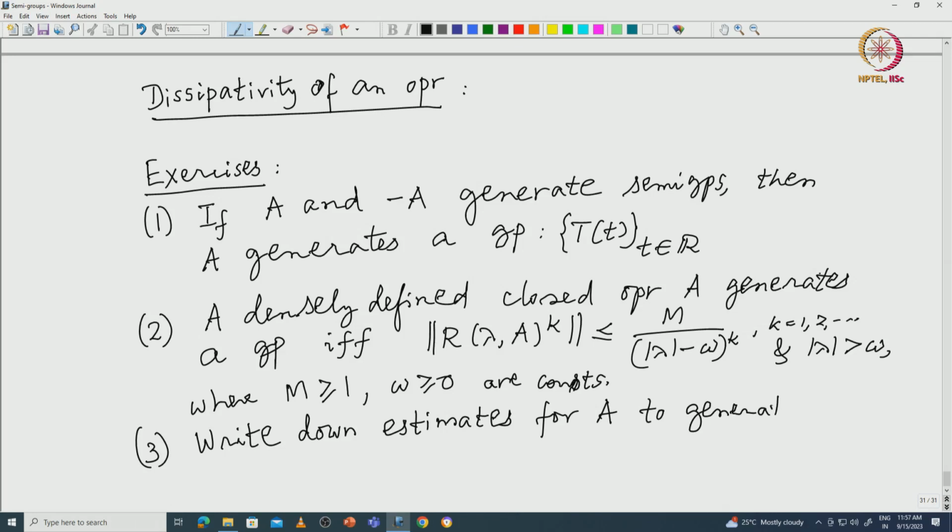As I said earlier, most of the semigroups we come across while studying heat, wave and Schrodinger equations are all contraction semigroups or contraction groups, and in some cases they are also unitary, that is stronger than contraction. I will come to that.